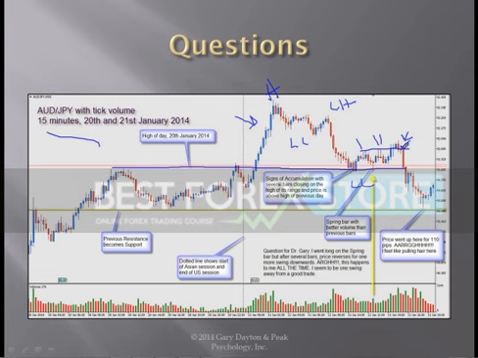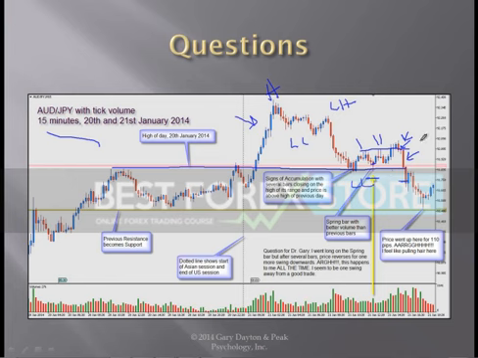I would be out on that bar right there as it closes underneath this line. You don't want to wait for this, especially when you then see this ease of movement coming down. So you see this, you've got to get out. Don't get out down here. If you set your stop down here because you bought on this, right?